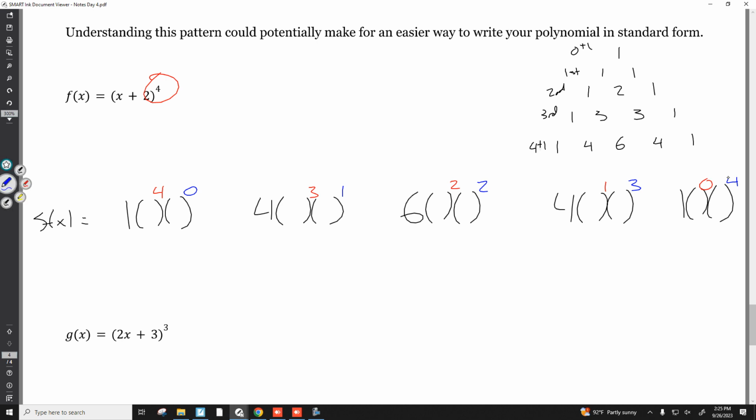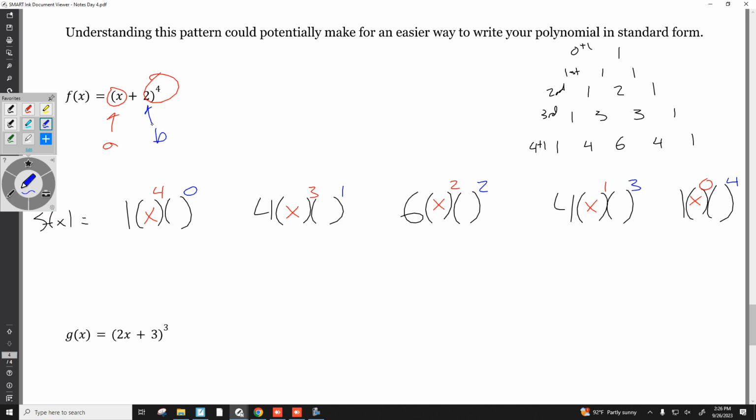These are the A's and the B's. A is X, X, X, X, X, X. B is 2, 2, 2, 2, 2, 2.